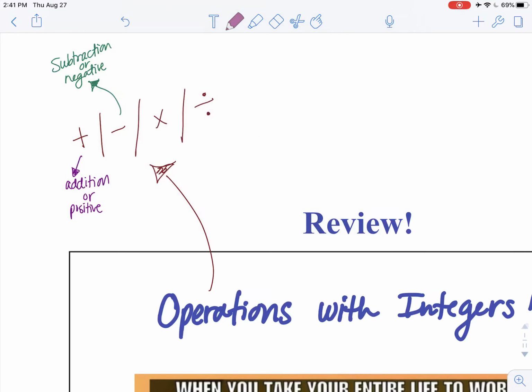We have multiplication, and for this, we will mostly be using parentheses. Sometimes we'll use that dot to represent multiplication, but we'll never really use that X. And then last but not least, with division, we will usually use fractions, which we'll talk about in a little bit.